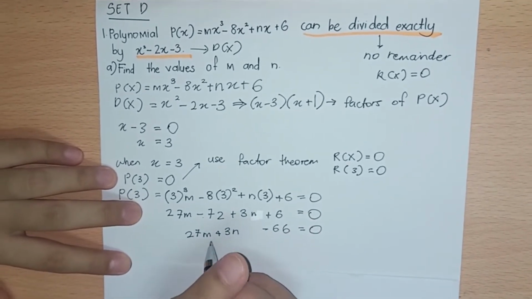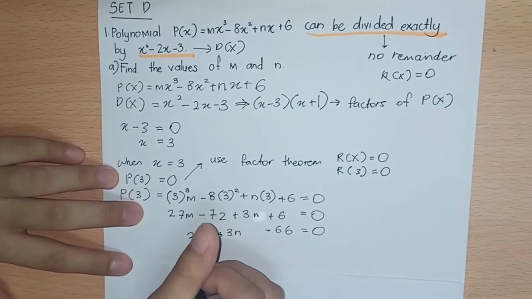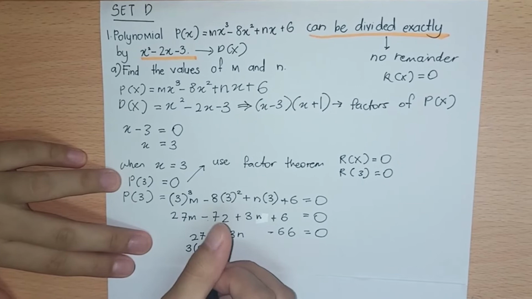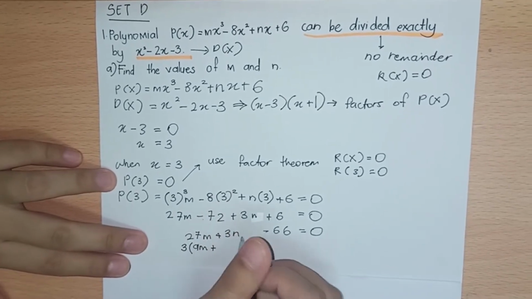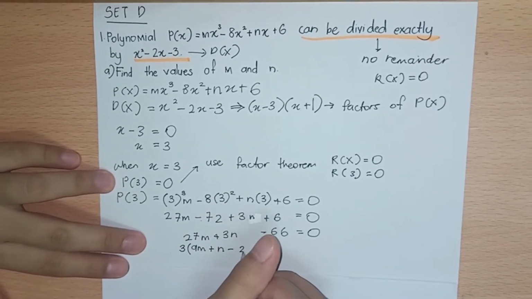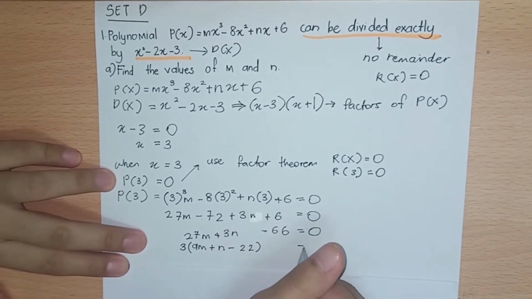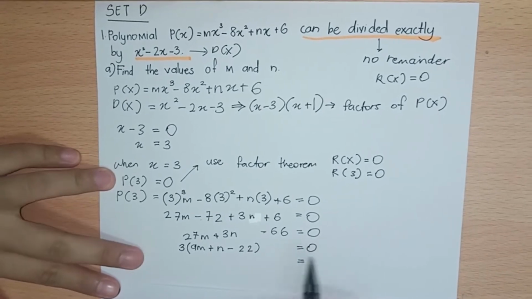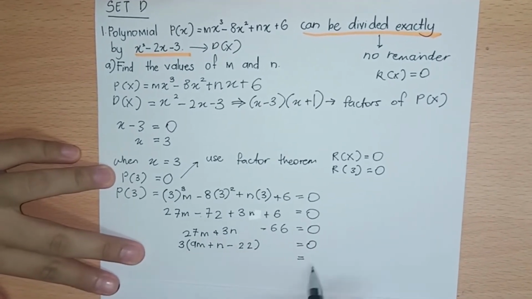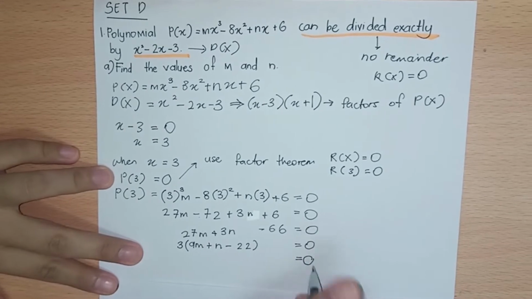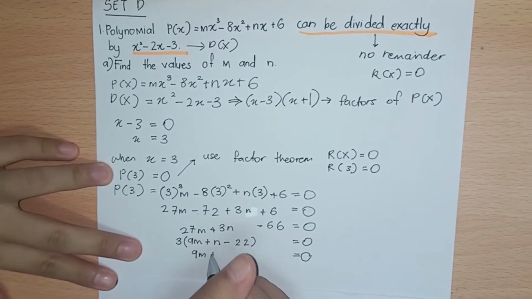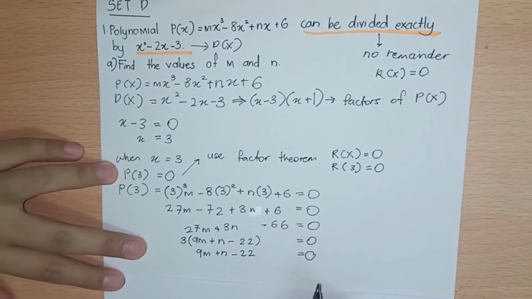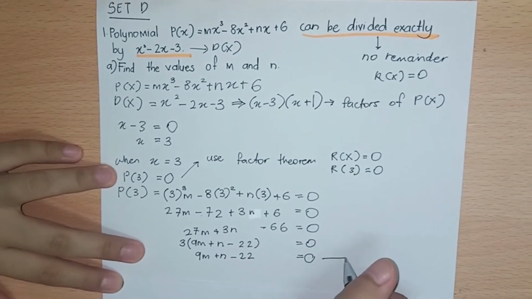Then we factorize them. So it will be 3 times (9m + n − 22) equal to 0. After that, 0 divided by 3, it will be 0. So this one we just write it down. And this is the first equation.